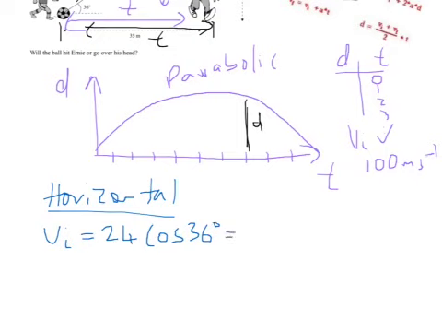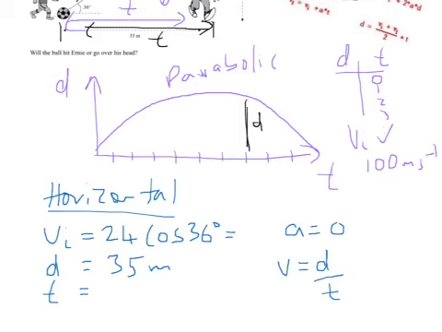I'll do the calculation shortly. We have the range, the horizontal distance, which is 35 meters, and we just need the time. Since there's no acceleration, a equals 0, we can just use our standard velocity equals distance over time and rearrange that to find the time, which will give us time equals distance over velocity.